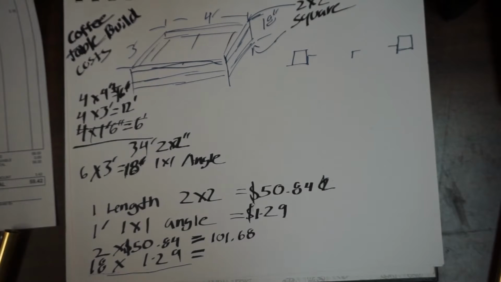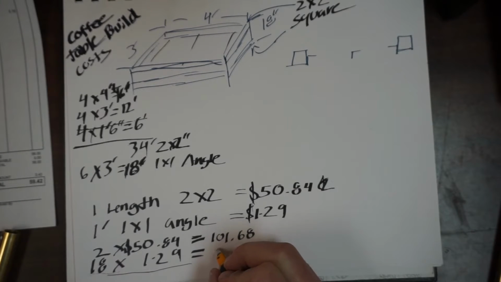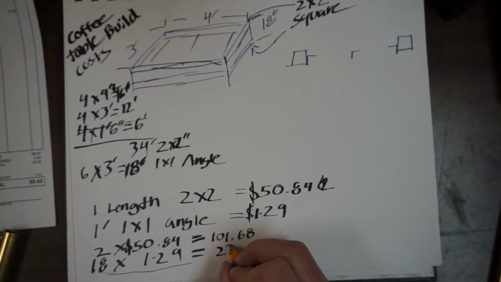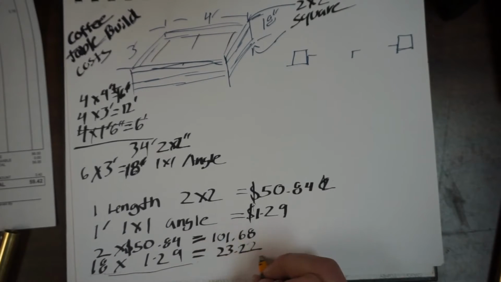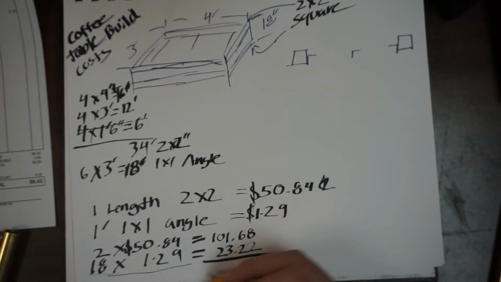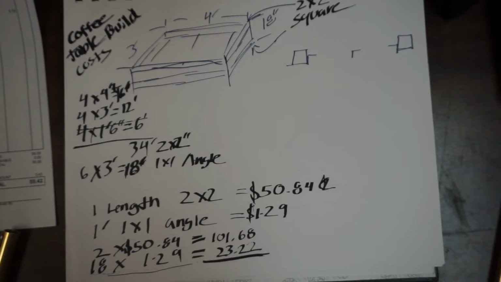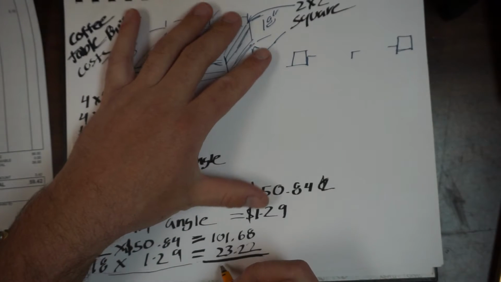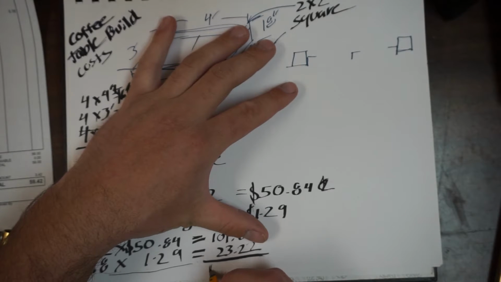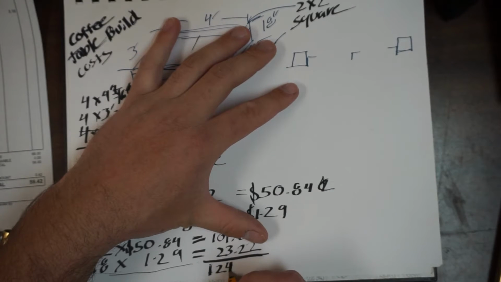And then 18 times 1.29 is going to be $23.22. Now, of course, I need to know how much that's all going to cost. So we'll add those 2 together to get $124.90.